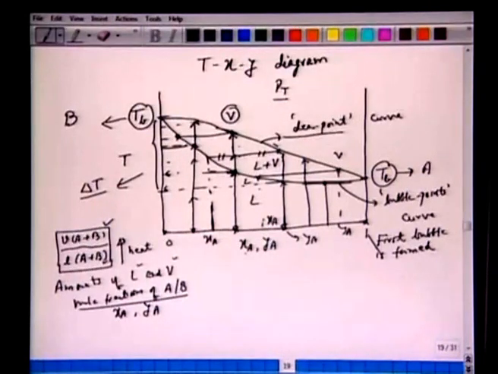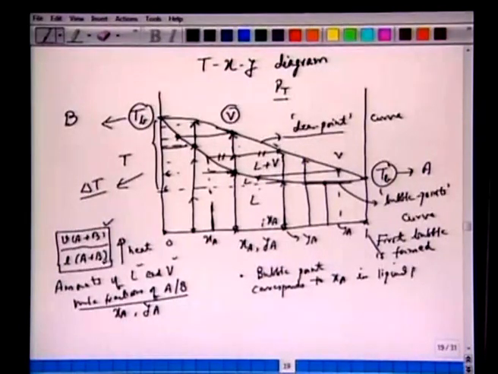So we make three very important points here. One, there is a bubble point. This corresponds to Xa in the liquid phase. So this is the temperature at which the first bubble is formed, or the liquid just starts boiling.